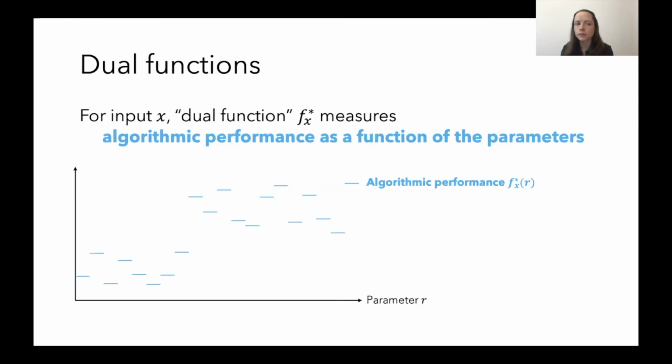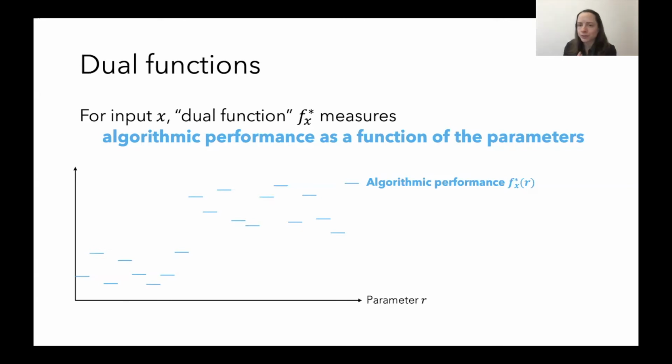A tool that we found really useful for analyzing algorithm configuration problems is the notion of a dual function. So for any input x, such as an integer program, the dual function, which I'll denote f_x^*, measures algorithmic performance as a function of the parameters.